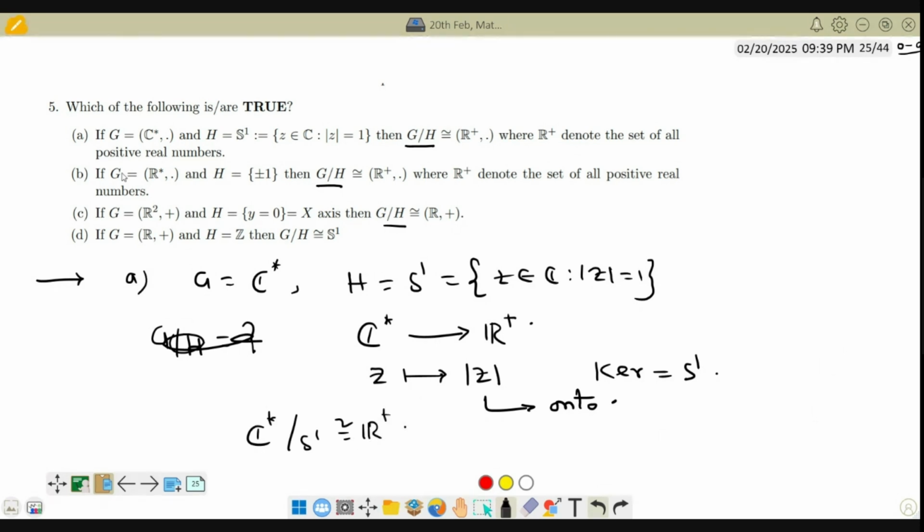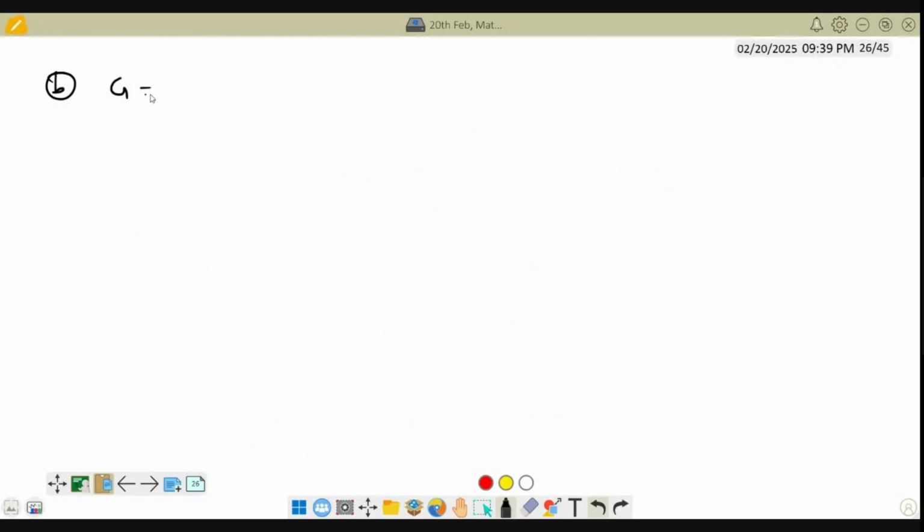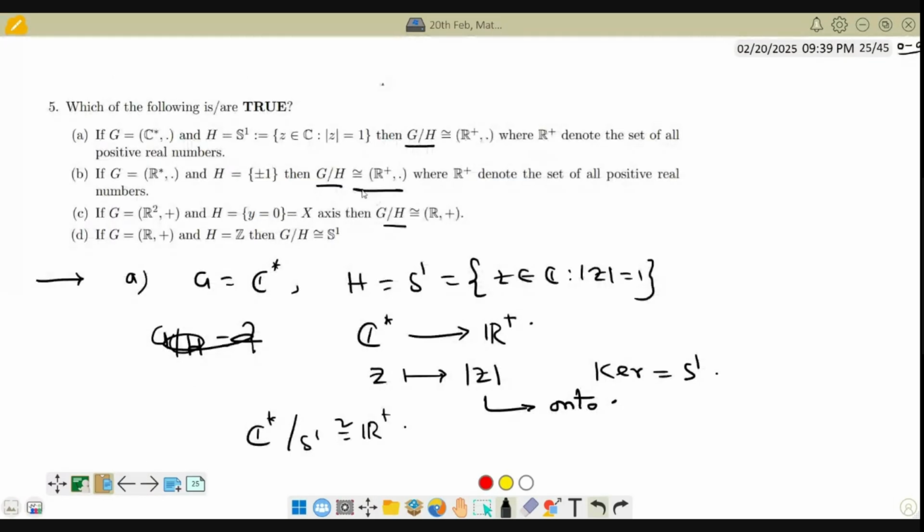Good. Now what about option B? You have R star and H is plus minus 1. That we have done, right? This thing we have done, right? G mod H is isomorphic to R plus.